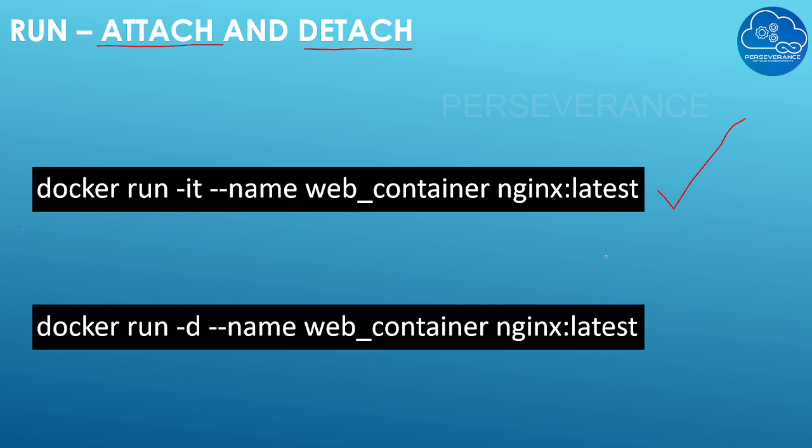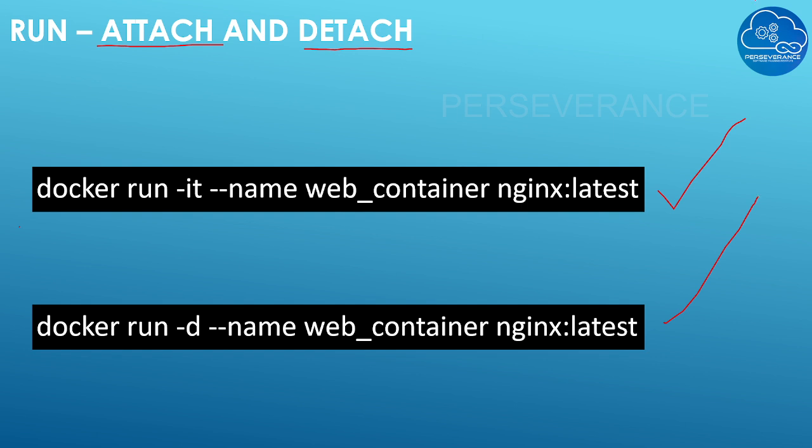Attach mode is something like, if I create a container, it takes us into the container automatically. It attaches the user into the container. Detach mode is where the moment we create a container, it will not take the user into the container. It keeps our control on our Docker server itself.